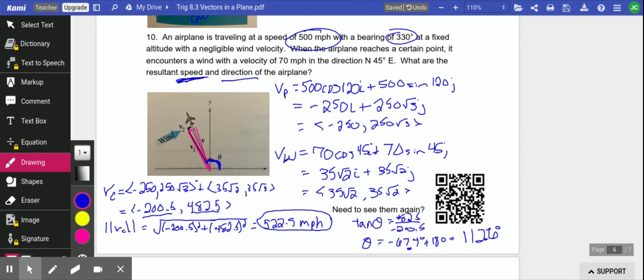Airplane bearings are always measured from the north. So if this whole thing is 112.6, the first thing I'm going to do is subtract 90 degrees, and I'll just get this little piece. So if I subtract 90 degrees from that, I get 22.6.